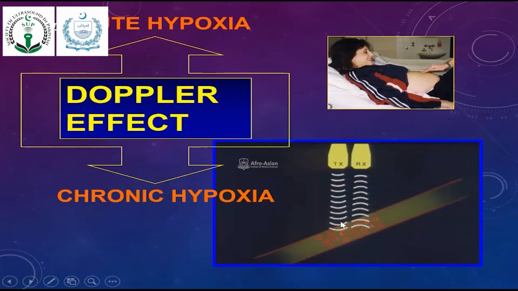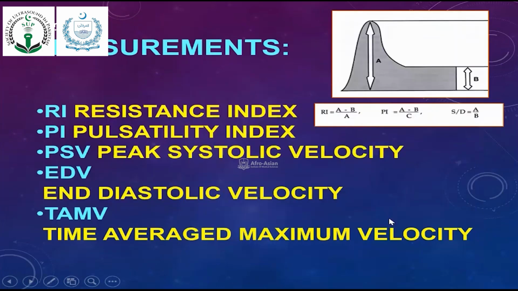So when the sound waves strike a moving object, the pulses, the echoes we will be getting on color Doppler will be different from the echoes we will get from static structures.